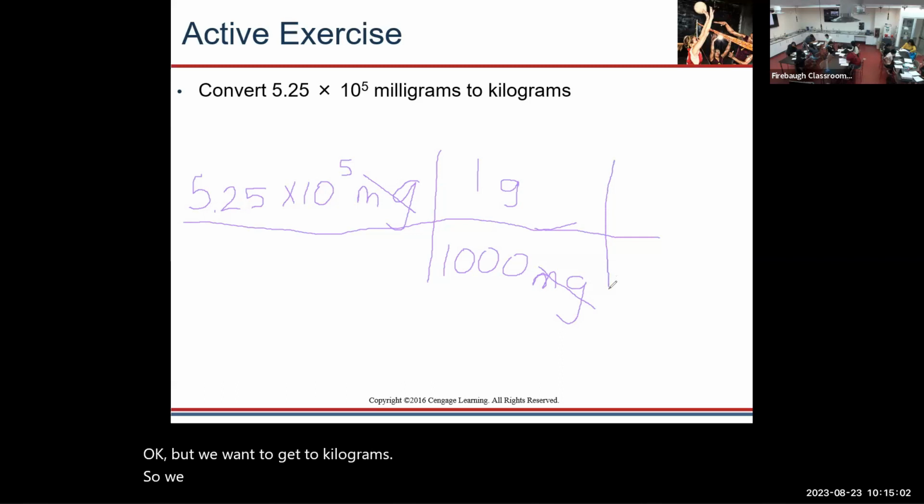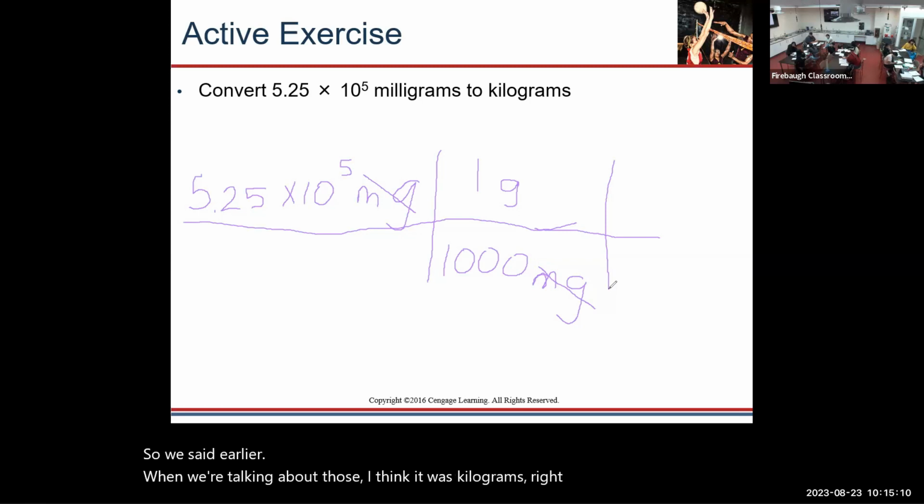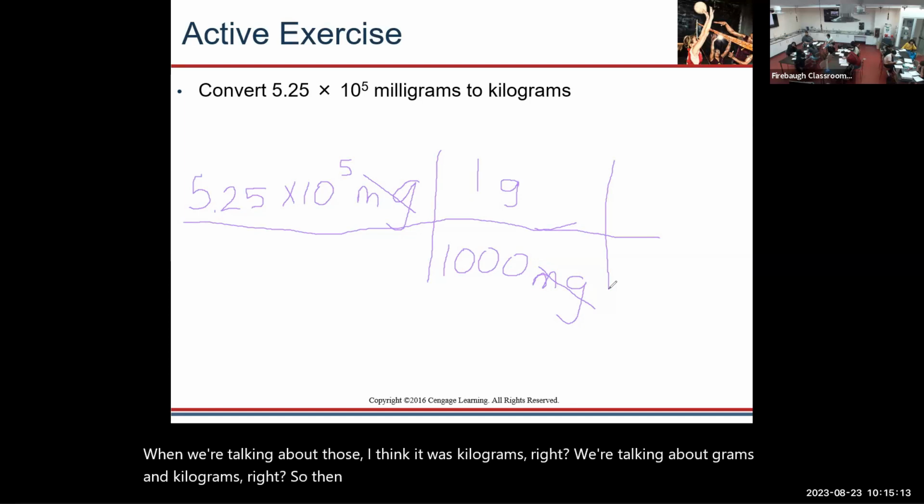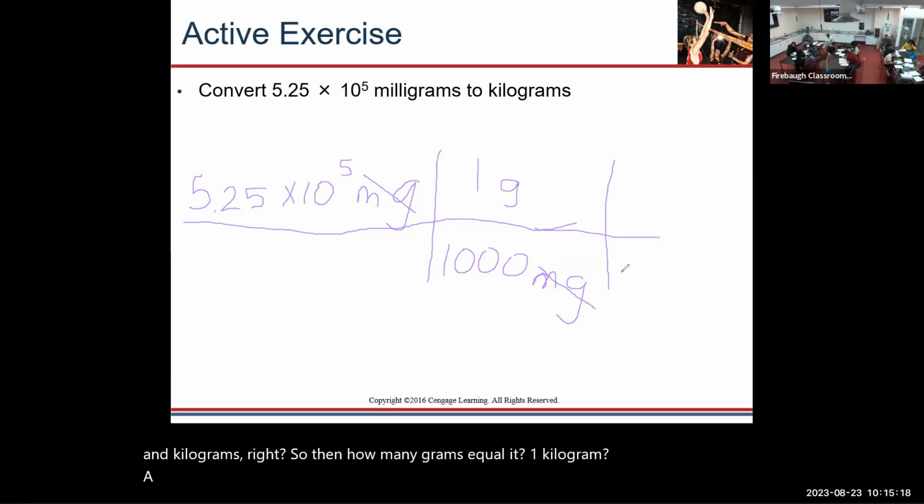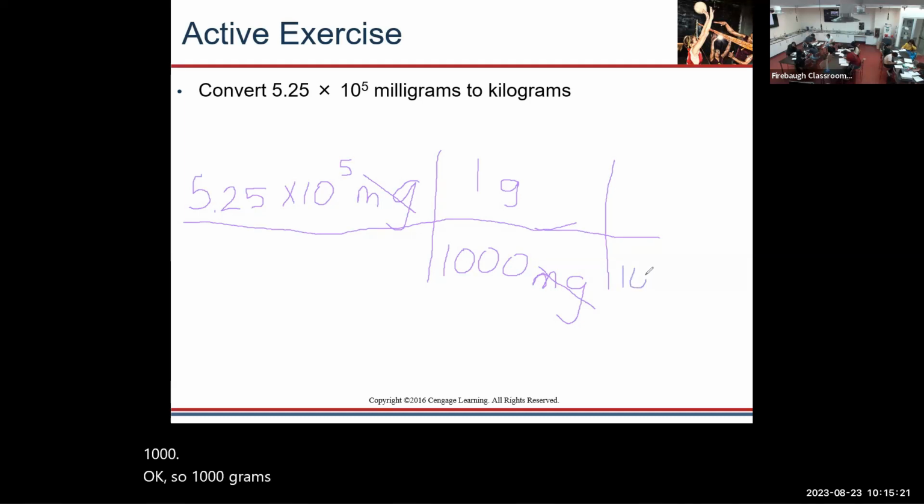Okay, but we want to get to kilograms. So we said earlier, when we were talking about grams and kilograms, right? So then how many grams equal 1 kilogram? 1,000. Okay, so 1,000 grams are going to equal 1 kilogram. So then our grams are going to cancel out.